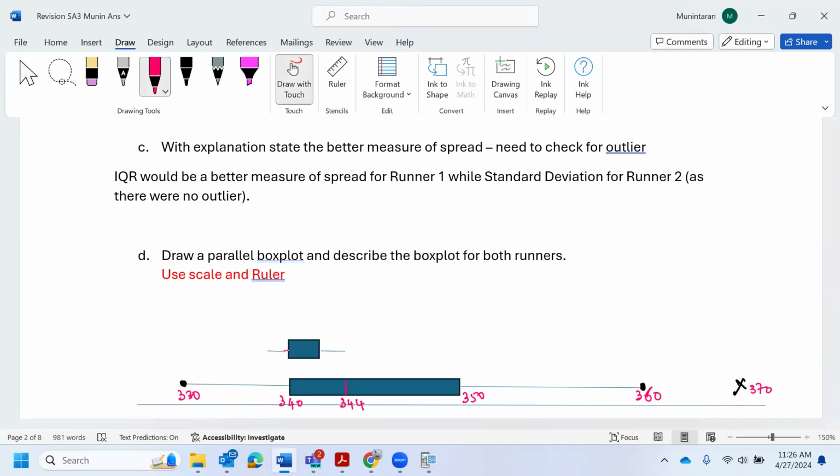Okay, this is 340. The median is closer to here, which is 340.5, and that is Q3 343. The maximum is 345, should be slightly shorter. So that's 344, 34. Sorry, slightly longer, my bad.